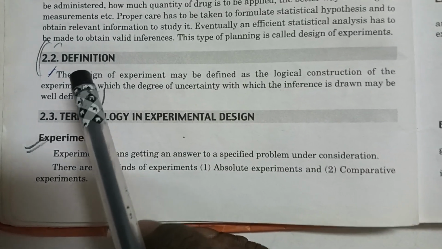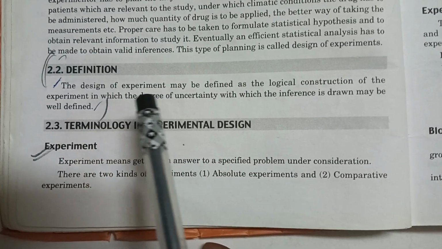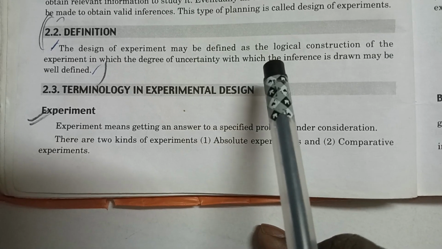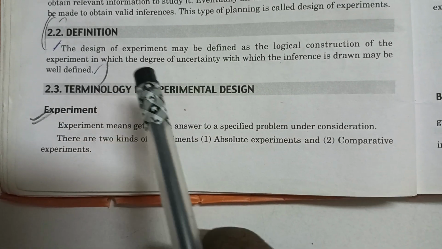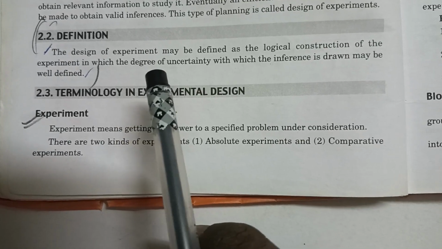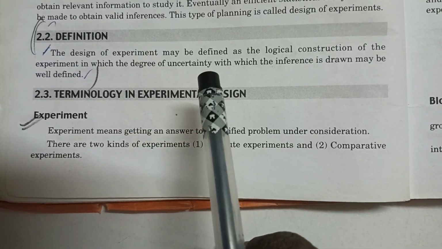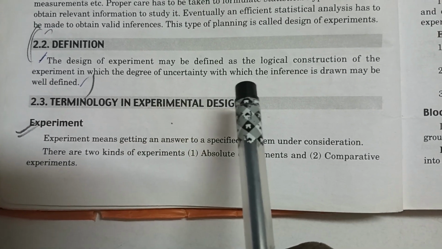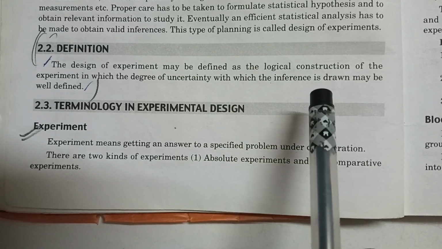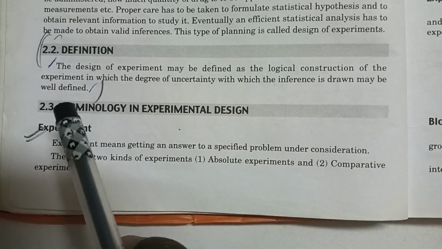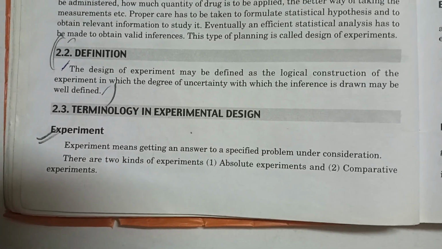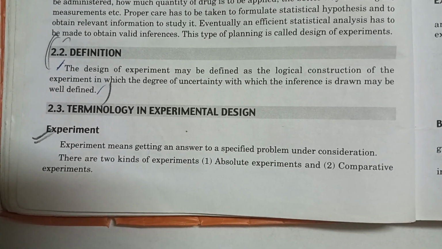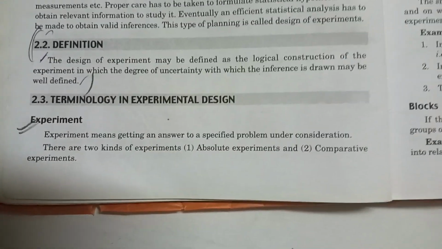Next, coming to the definition, the design of experiment may be defined as the logical construction of the experiment in which the degree of uncertainty with which the inference is drawn may be well defined. Okay, this is the definition of designs of experiments.